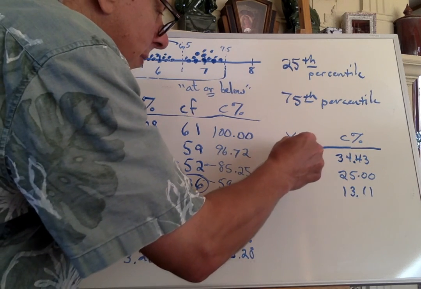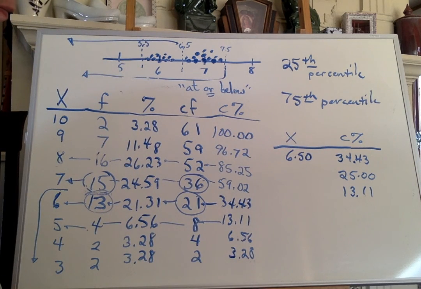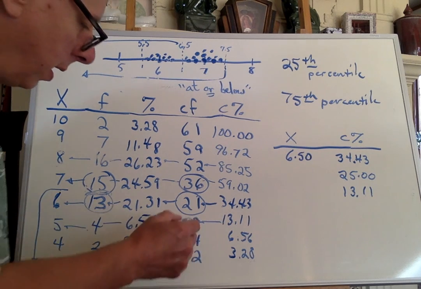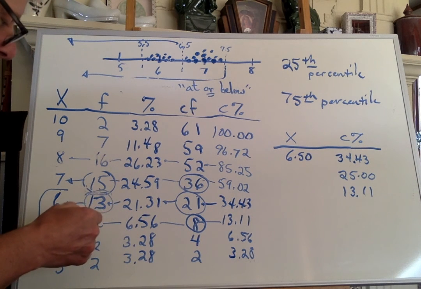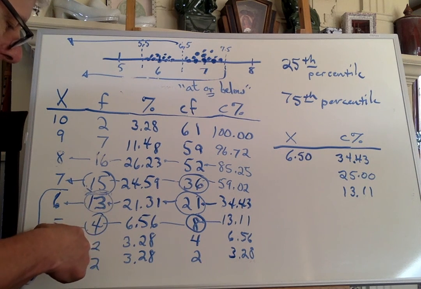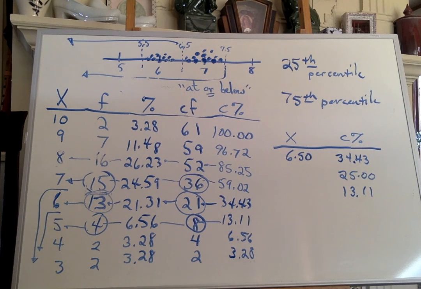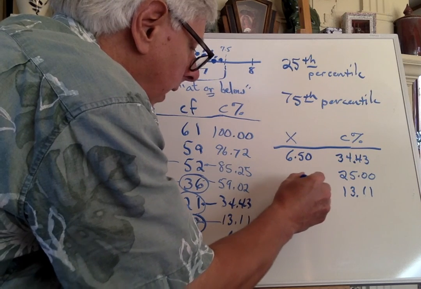It is 6.5, okay. And for my 13.11, that was 8 out of 61. That was these 4 plus these 2 plus these 2. So I'm going to use 5.50.